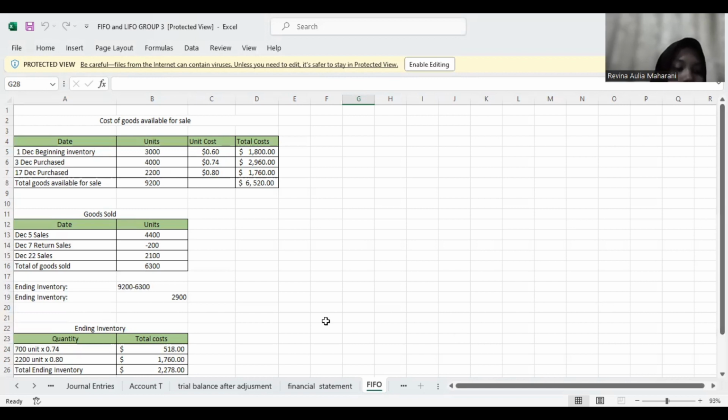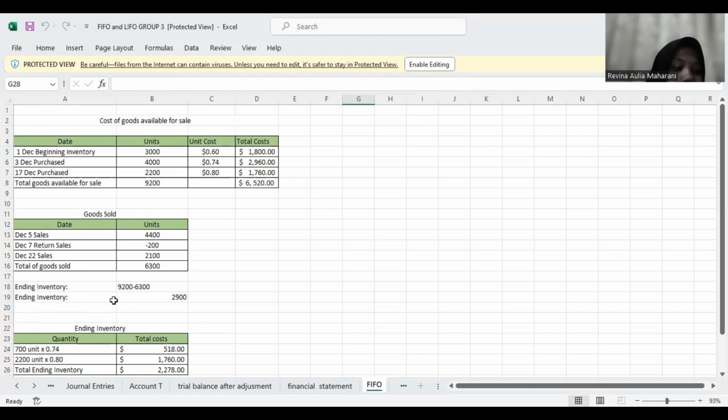The goods sold: December 5 sales, 4,400, and December 7 return sales, so minus 200. December 22 sales, 2,100, so the total of goods sold is 6,300.